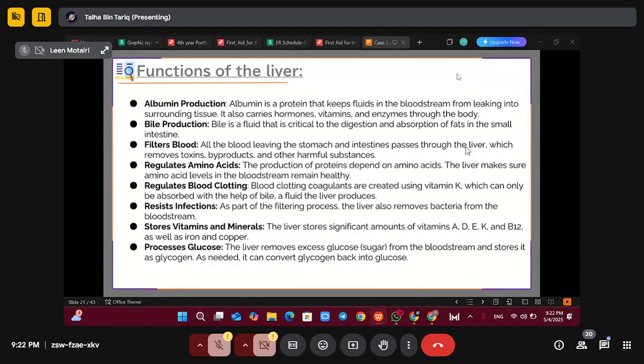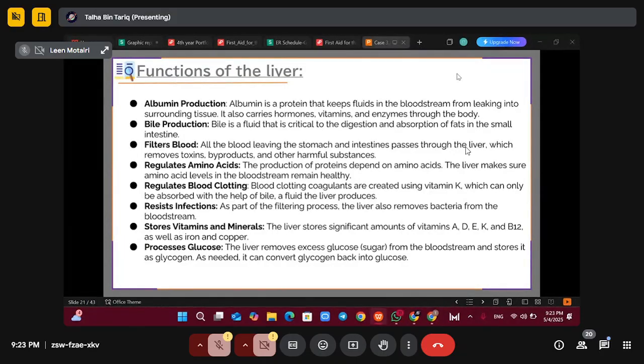What is albumin? We all know it's a protein which is keeping fluids in the bloodstream, which we will discuss in the future. It is preventing the fluids in the bloodstream from leaking into the surrounding tissue.